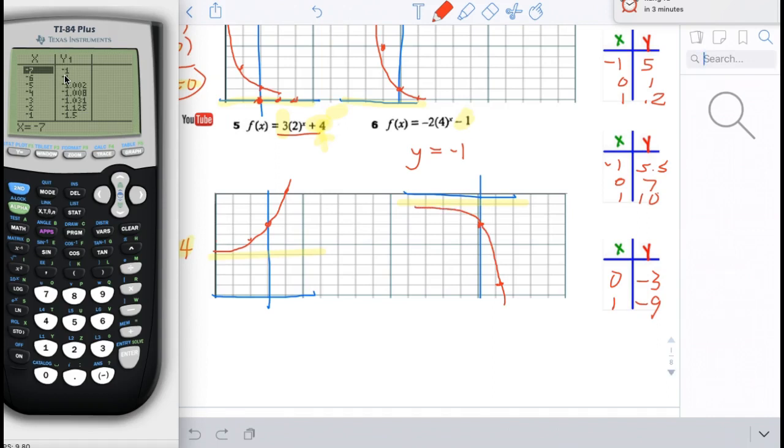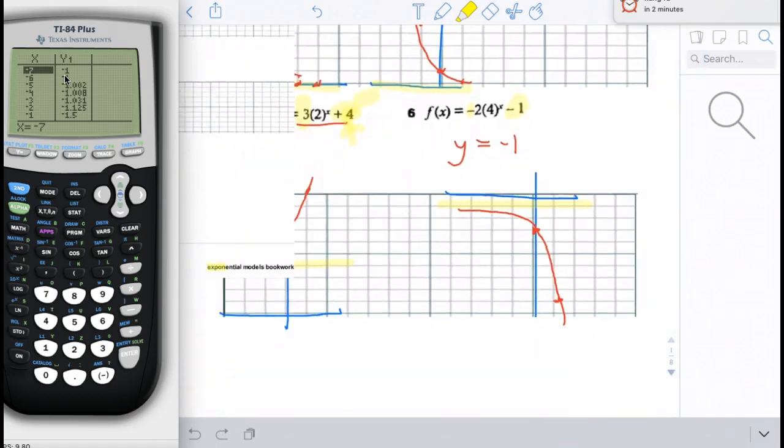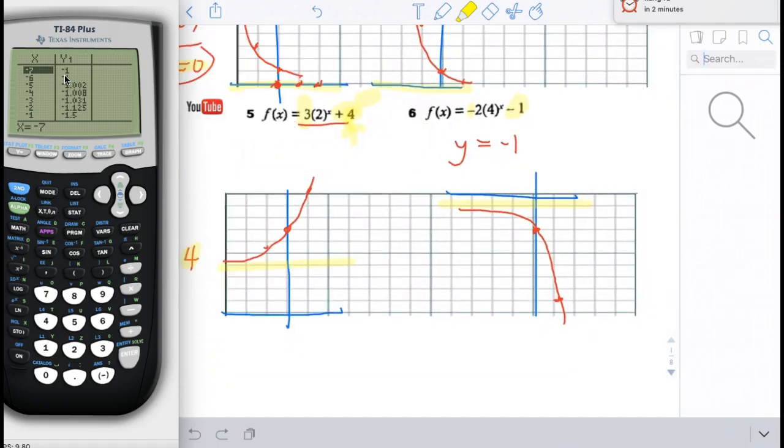It's kind of interesting because this exponential function is upside down, and the reason it's upside down is this negative sign right there. But for most problems in math studies, you don't really need to remember every single detail about what the negative signs do, because you can always put it into y equals to see exactly what the graph does.